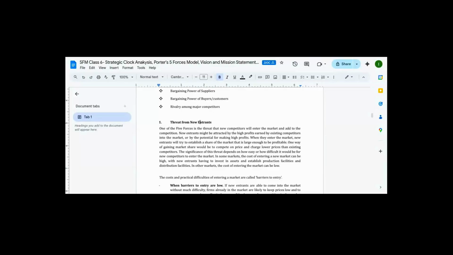They want to establish their brands, do business, and make profit. So prospective or potential competitors are the people that we call new entrants.